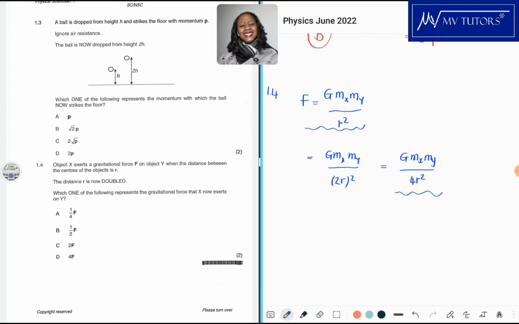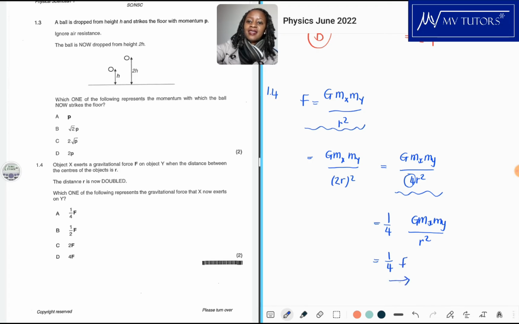And what exactly has changed? Well, this 4 in front of the r squared is the difference. So if I take that out, I'll basically have a quarter there, and this will be G mx my all over r squared, and that's basically a quarter F. Okay, and where is that answer? That is A. So yeah, that's cool.